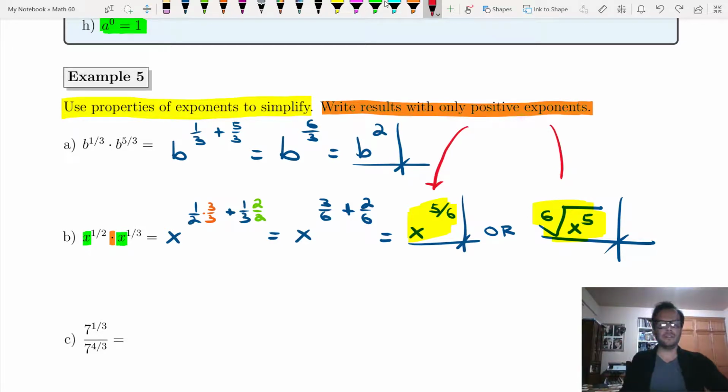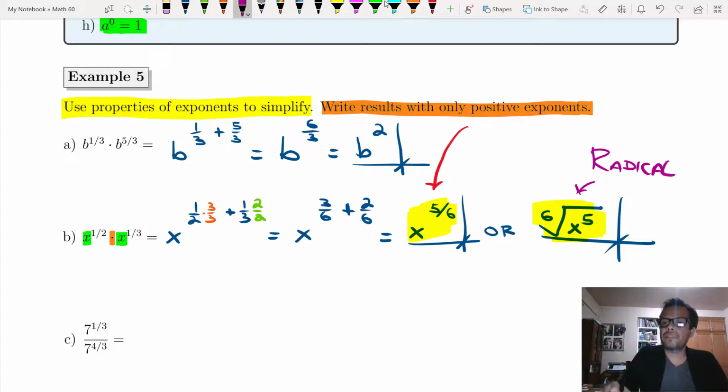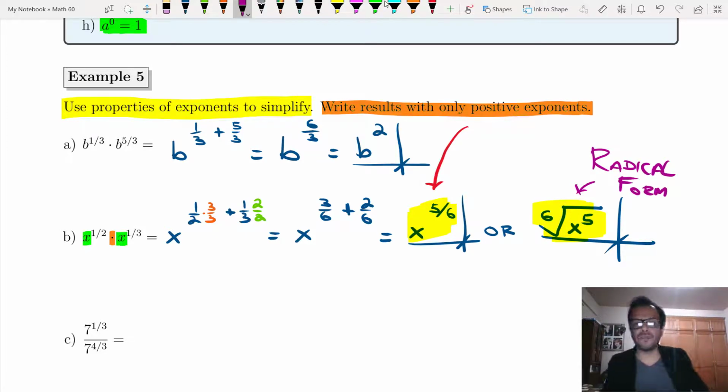So positive exponents, and this, let me write it down, this is radical form. All right.